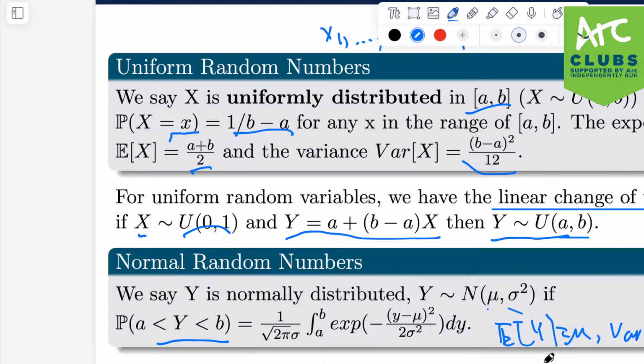Again, in real life, most of the time we can only simulate x from normal 0, 1, and we want to apply a linear change of variable on x so that y is from normal mu, sigma squared.